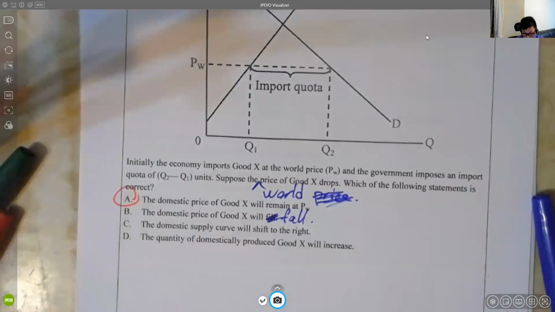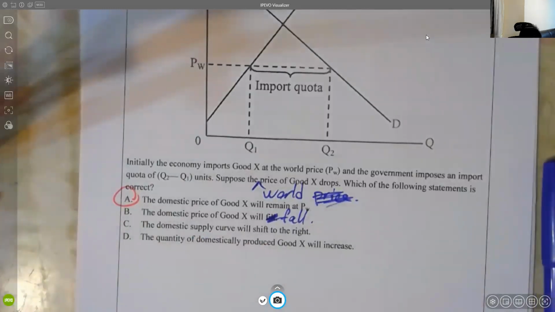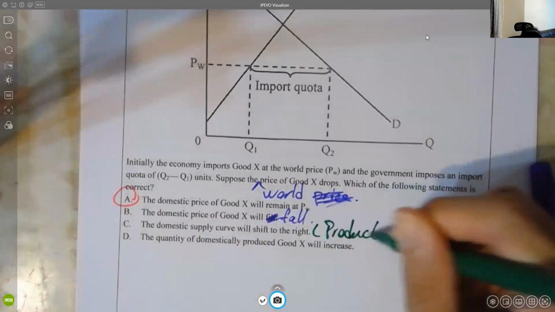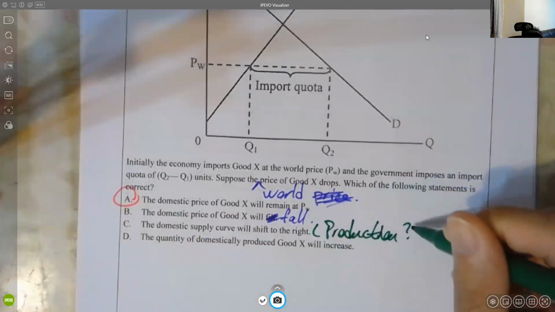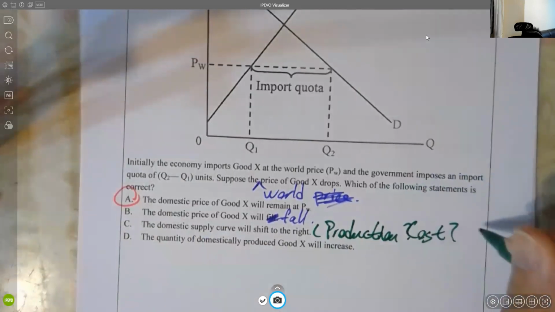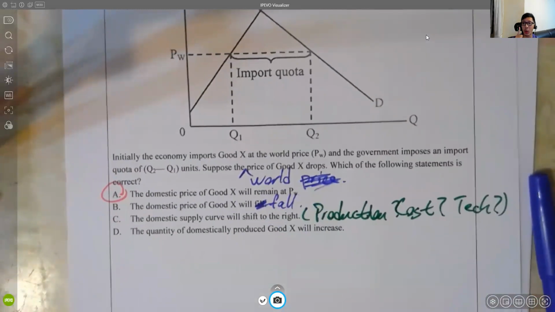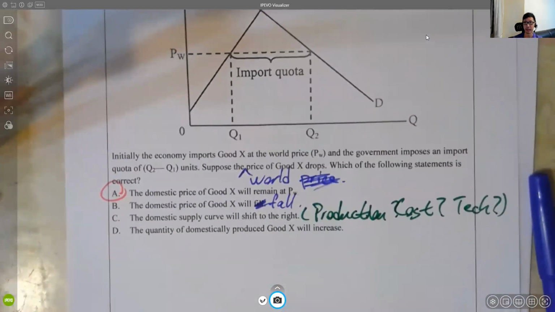No. I asked the question, is there any change in production cost? 有冇變啊？Production cost? No. Technology? Any change? No. There is nothing changed in the local supply market. Therefore, it shouldn't have any shift.